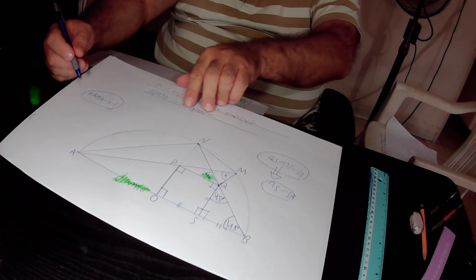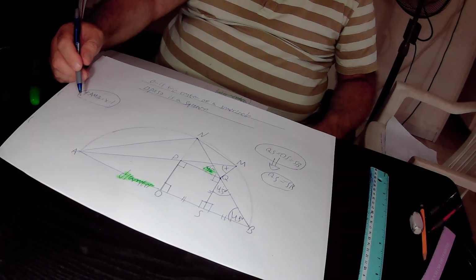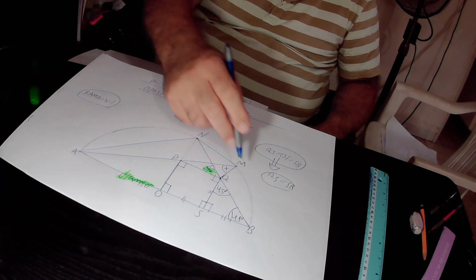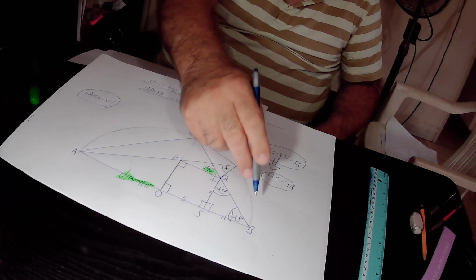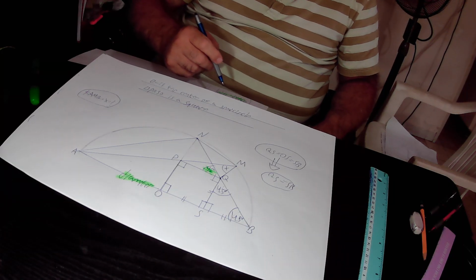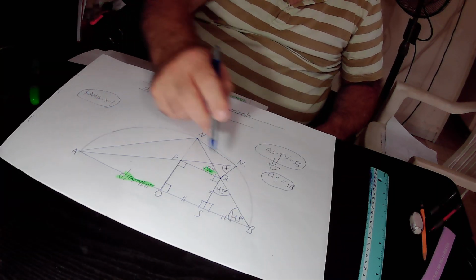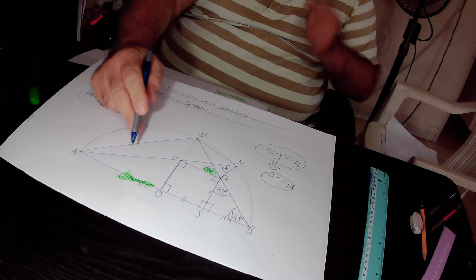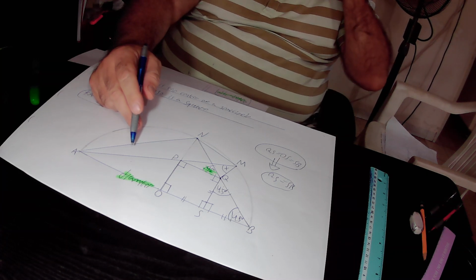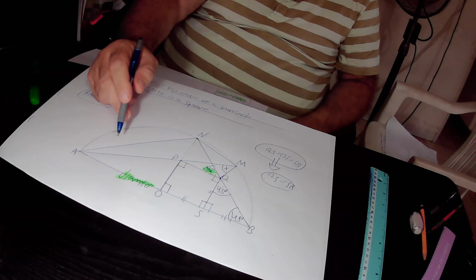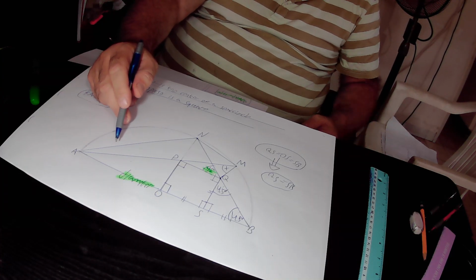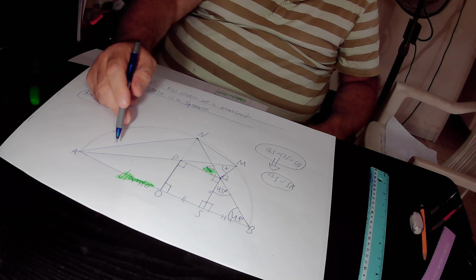When doing those constructions, we get triangle ANB. This is triangle ANB. It subtends on chord AB, that is the diameter of this semicircle. And according to rule 7, any triangle that subtends on the diameter of a semicircle or a circle must be equal to 90 degrees in its size.